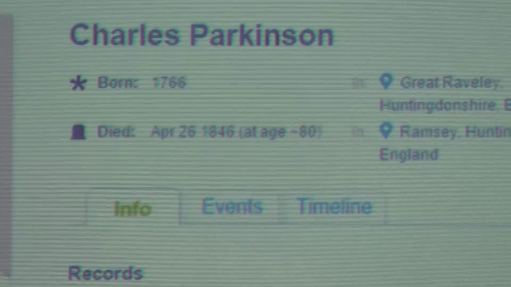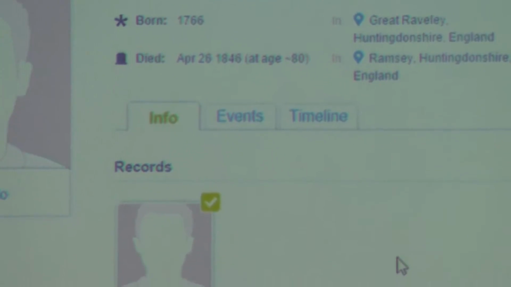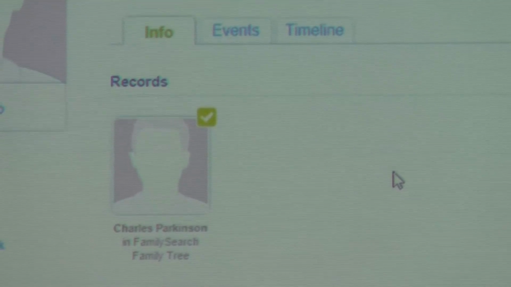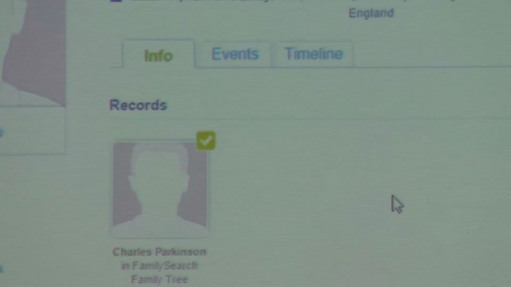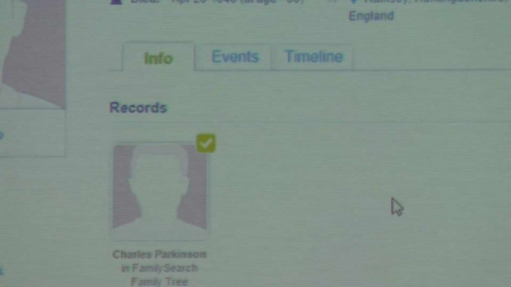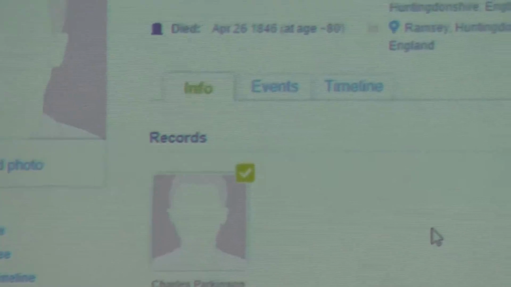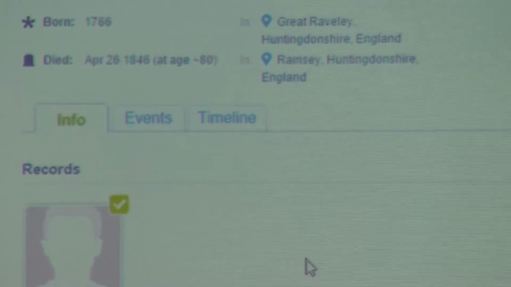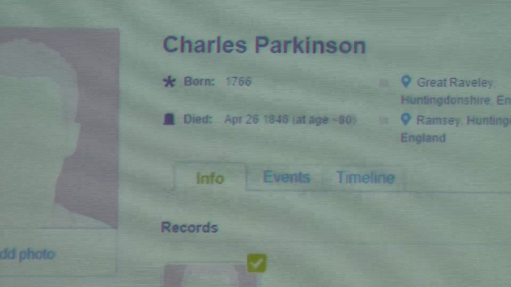And right here is the record hint. This one has a green check mark which says that I've already looked at it and incorporated that into my family tree. And if there were any other record hints for this person, then they would show up here. Okay, so now what we have is we're using the program to reinforce the research that we've already done in the family tree.